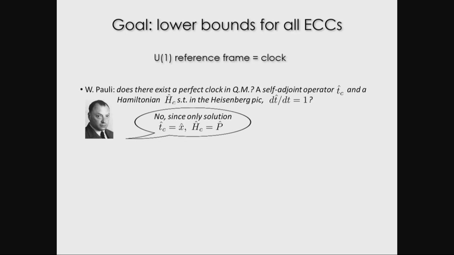There are some subtle points here that I won't go into that later people talked about, but the main point is that here this Hamiltonian is unbounded from below. So Pauli concluded that all physical Hamiltonians are bounded from below, and therefore this cannot exist because one would require infinite energy.